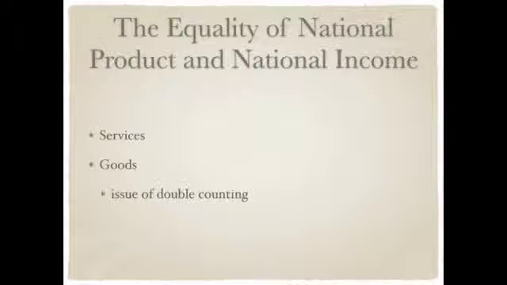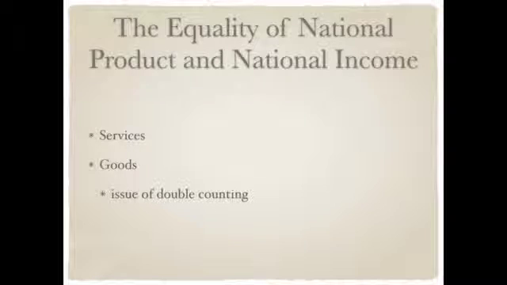Realize that there are reasons why this equality holds. Make sure you have an understanding of why this equality holds, and your book does a good job of giving you an example. But let me show you this from my own personal example. I recently had a leak at my house, and I had to hire a plumber, and the plumber charged me $200 in order to fix the leak.